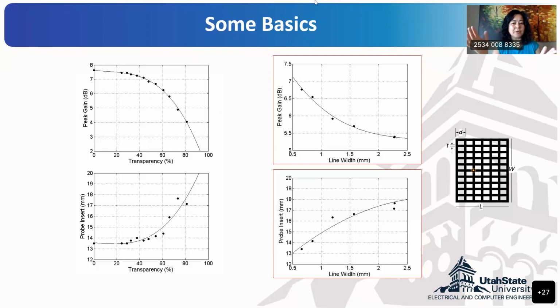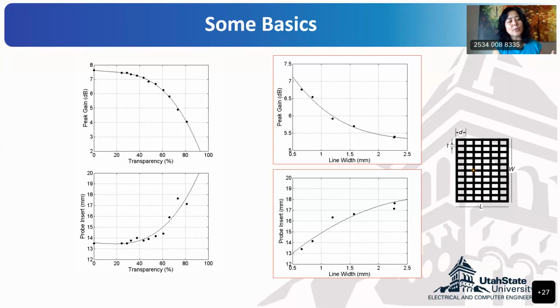With higher transparency, you have less line for the current to go through, or less conductor. Of course, that makes sense, right? So we learned the trade-off between transparency and antenna efficiency, at least one of the first things.